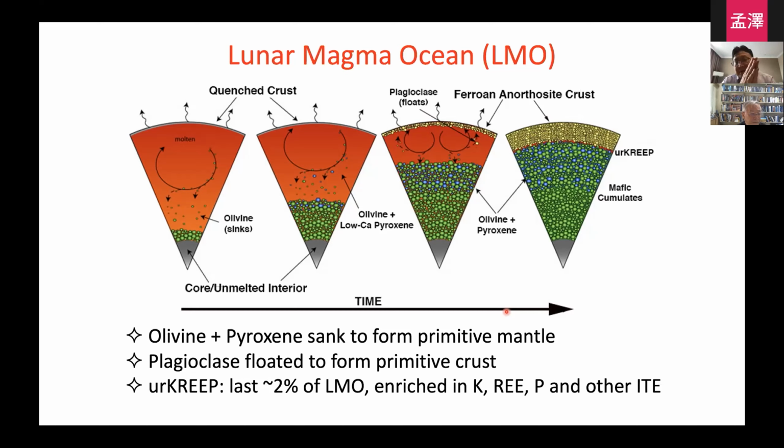So in our lunar sample collections, we often see KREEP materials like KREEP basalts, some impact melts, which also contain KREEP signals. Basically, these materials were contaminated by KREEP. So that's why they are enriched in these incompatible trace elements.